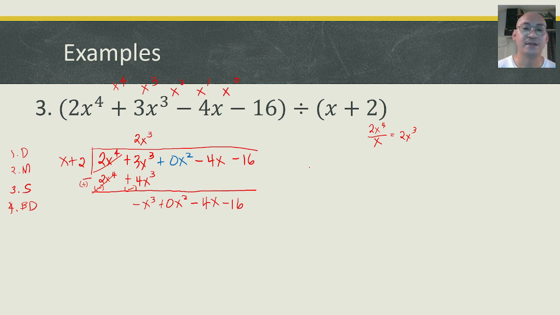Next, divide negative x cubed divided by x as our first terms. That will give us negative x squared. So we will align it to the term which is similar. And that is the reason why we need to add the missing terms, because if we do not add the missing terms, just like this x squared, there's no alignment on the quotient and on the dividend.